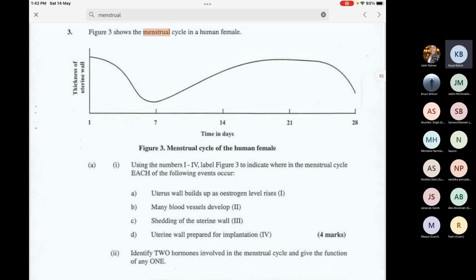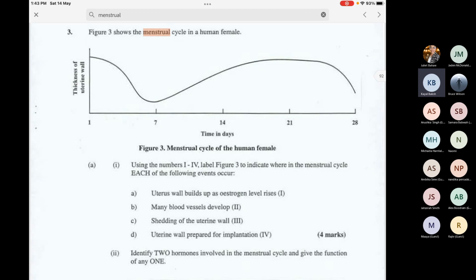Okay, so tell me what day you put in for uterus wall builds up as estrogen level rises. Yes, it's between the 7 and 14, right in the middle there. Now you see, you have to look at this line, this thickness. You notice from 1 to 7, the thickness gradually decreased. It went down.